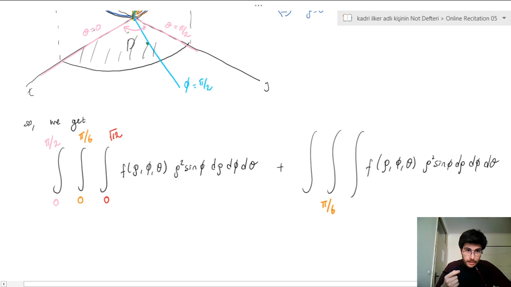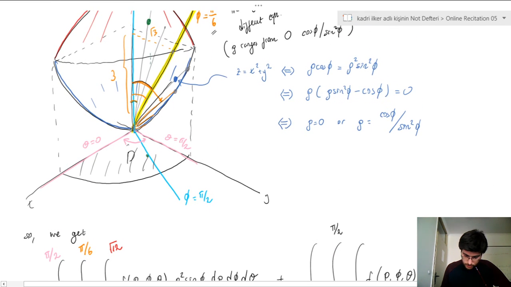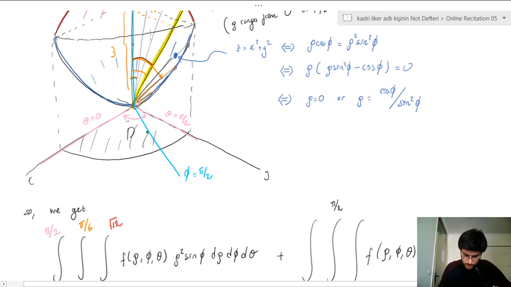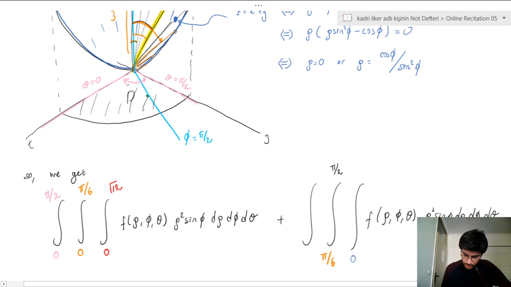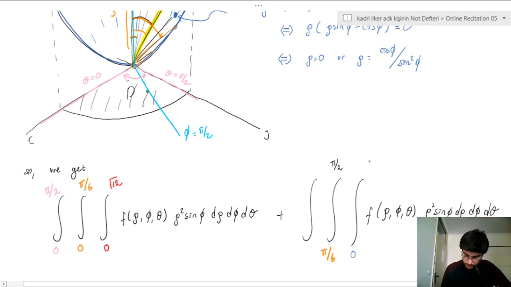So the ray basically hits the surface in a very different point. Previously the point satisfied the equation of a sphere, but now the point satisfies something else. And now rho, as we discussed in this blue part, ranges from 0 to something else, and this thing depends on the angle phi.